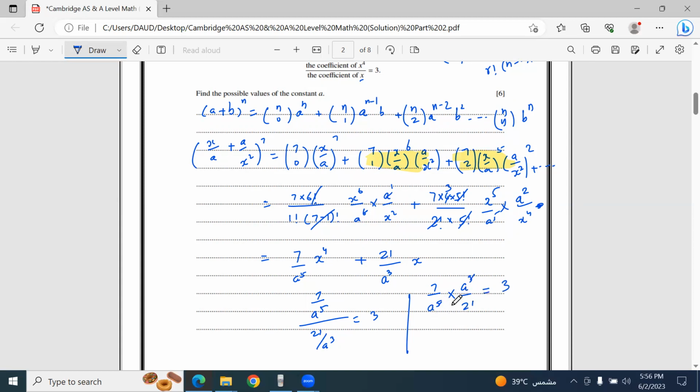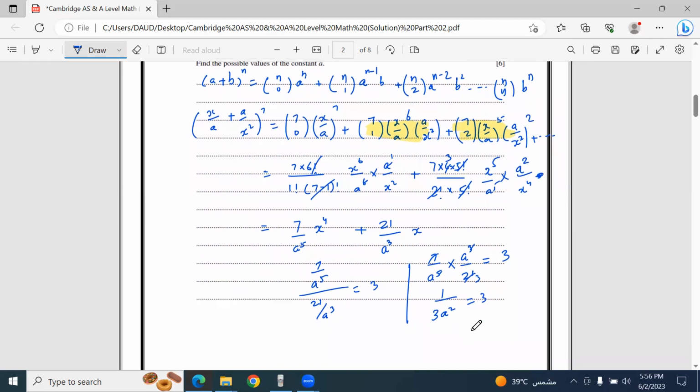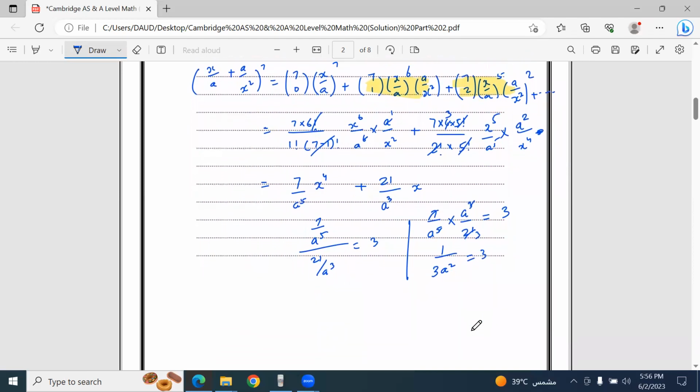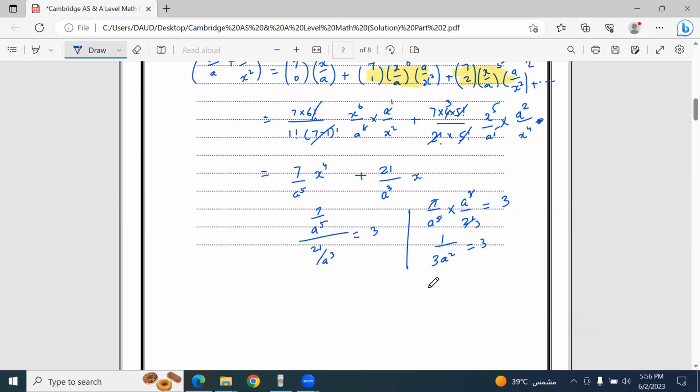Cancelling 7 with 21, we have 1 over 3a squared equal to 3. Next, 1 is equal to 9a squared, or a squared is equal to 1 over 9, or a is equal to plus or minus 1 over 3. So this is our required answer.